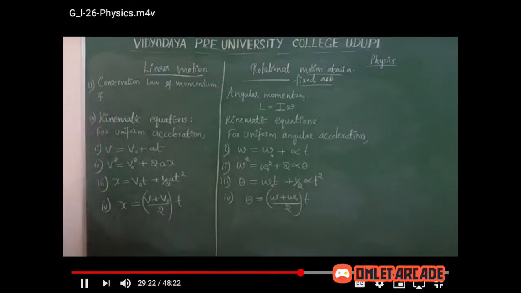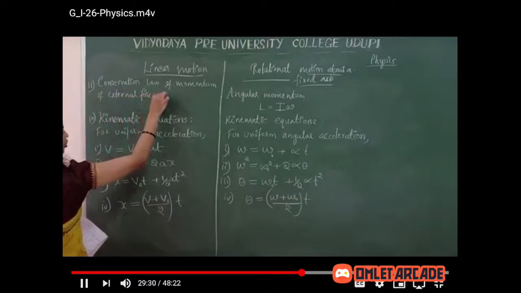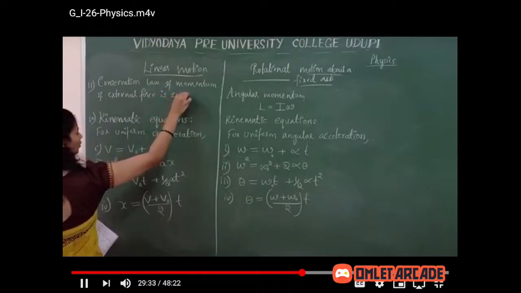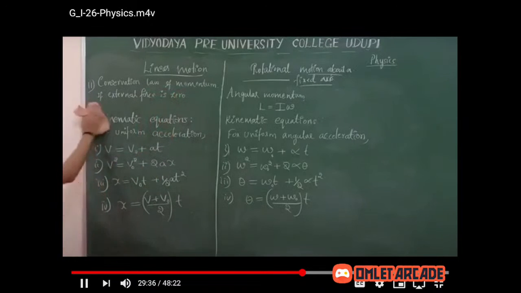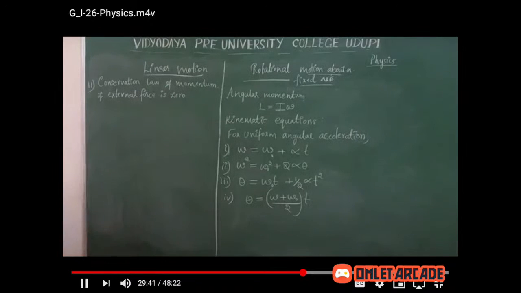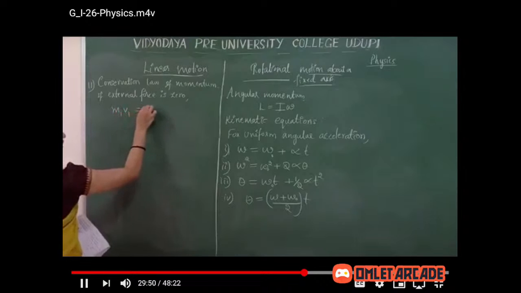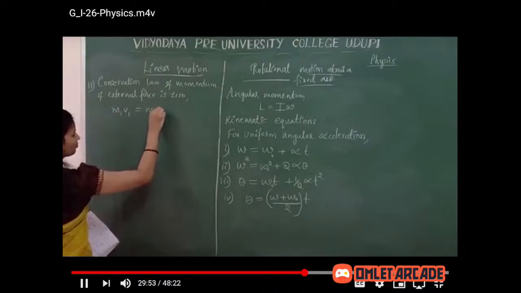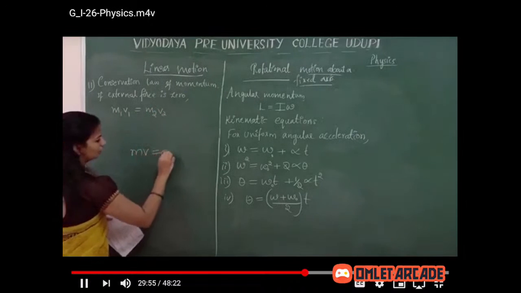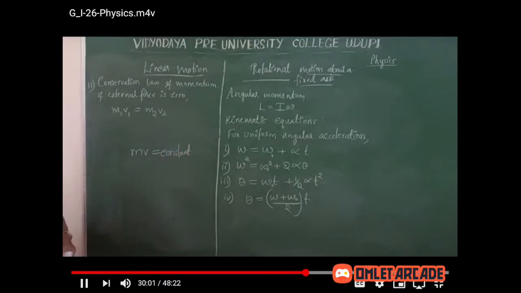What it says: if external force is 0, the momentum is conserved. The momentum of the body is conserved. You can write m1 v1 equal to m2 v2. That means mv is equal to constant in the absence of external force.